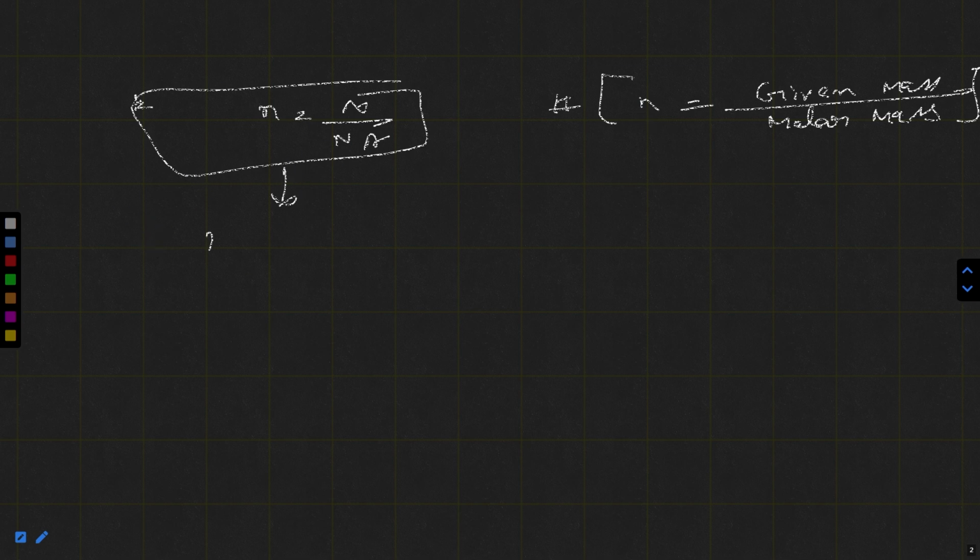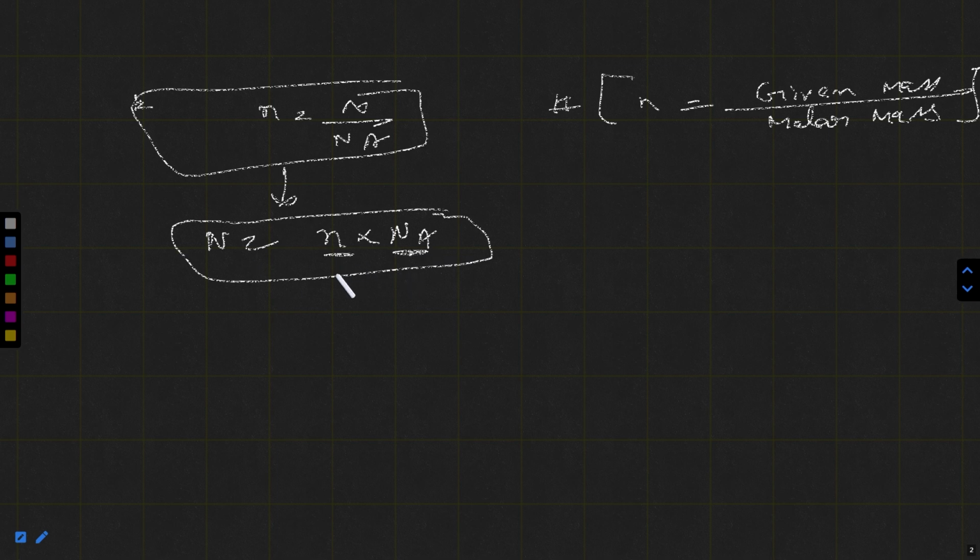Here you can write number of particles is equal to number of moles into Na, number of moles into Avogadro number. This Avogadro number value is 6.022 into 10 raised to the power 23.